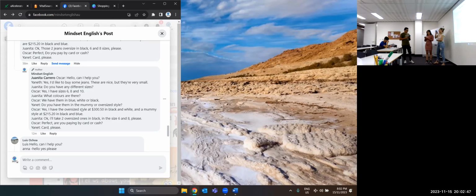Yes, I have the oversized size. $300 and 50 cents in black, in white. $250 and 50 cents in black and blue.